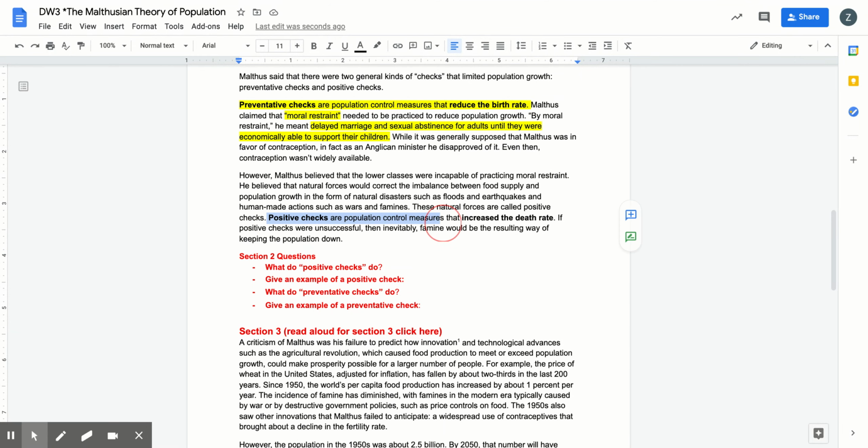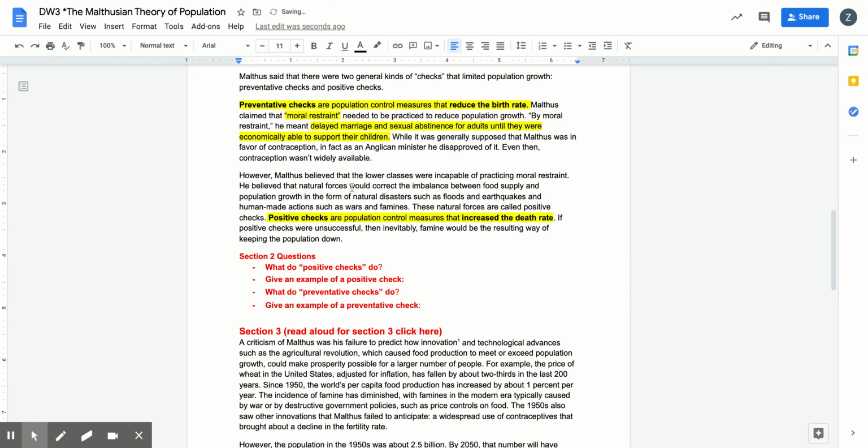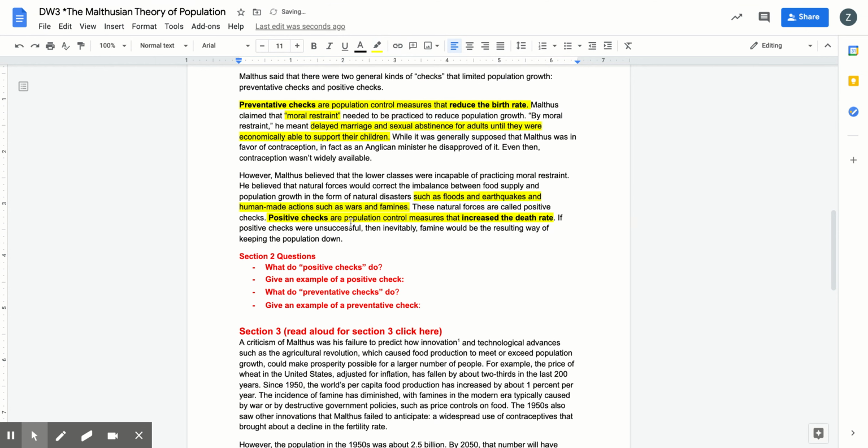Positive checks are population measures that increase the death rate. So these are things that would cause more deaths and control the population from growing too much or too rapidly by things like floods, earthquakes, wars, and famines. So I'm going to highlight that there.